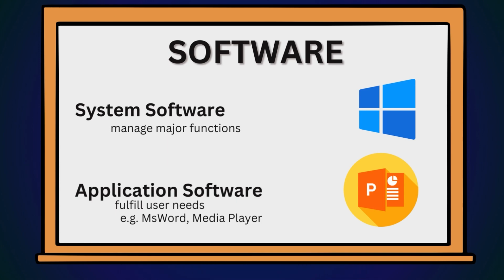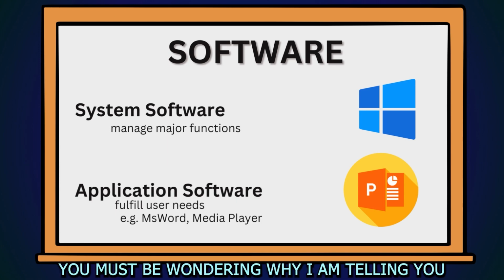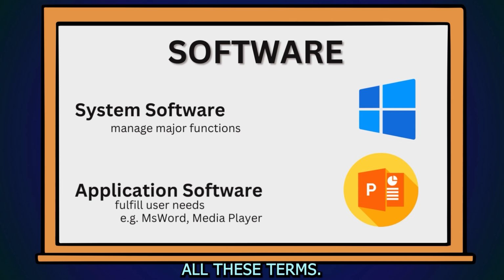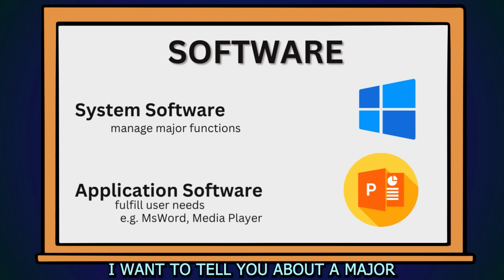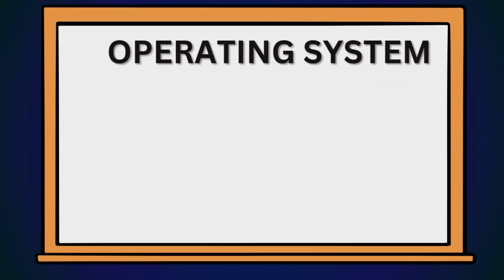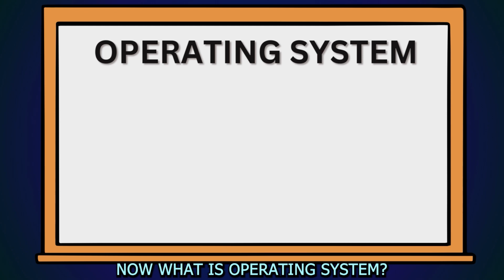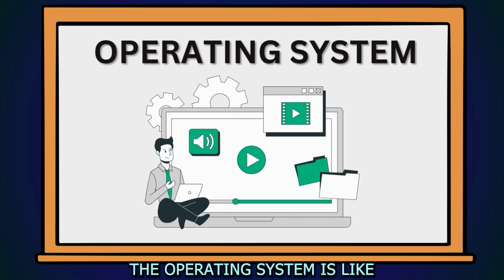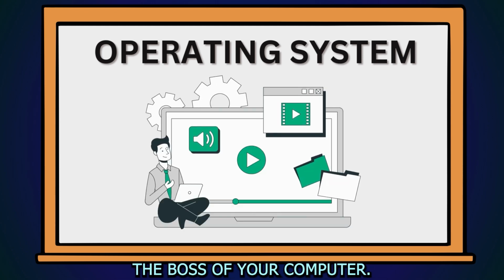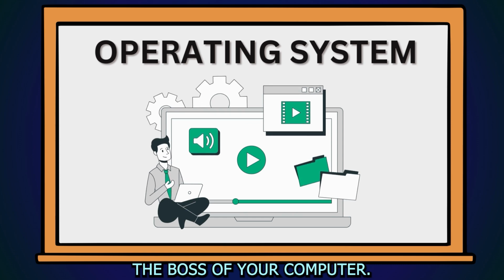You must be wondering why I am telling you all these terms. Well, I want to tell you about a major system software called the operating system. Now, what is an operating system? The operating system is like the boss of your computer.